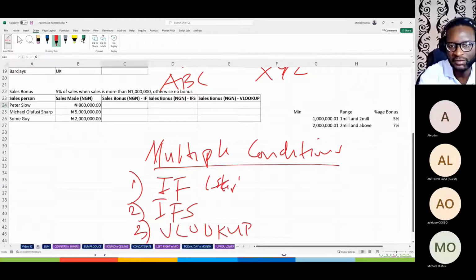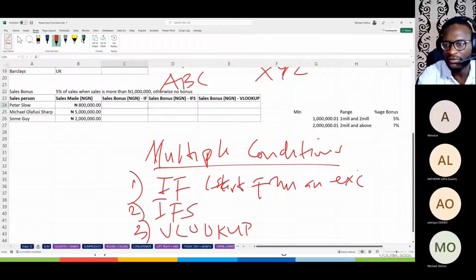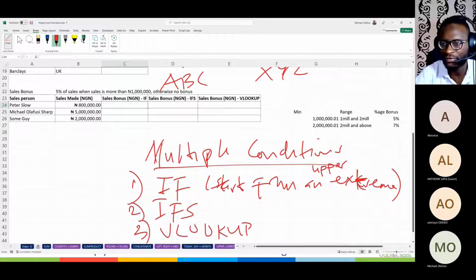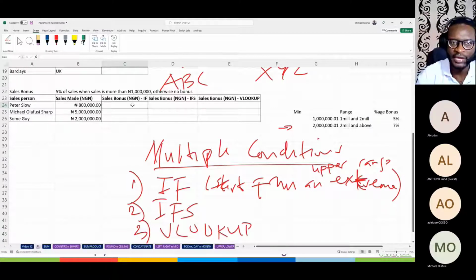Start from an extreme. If you even ask me, I would say start from the upper extreme, which is more like upper range. And if you look at what the upper range is, this is the upper range now. Okay, so if I'm following that rule, life will be easy.